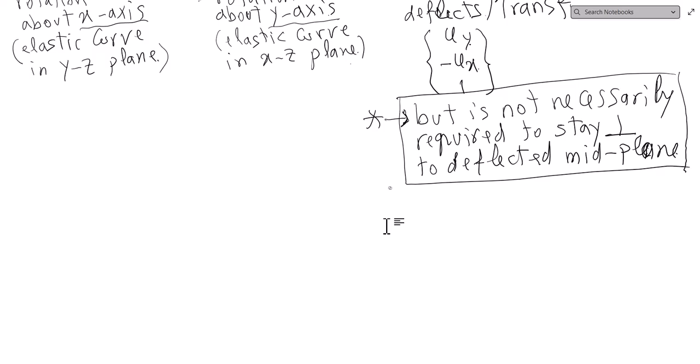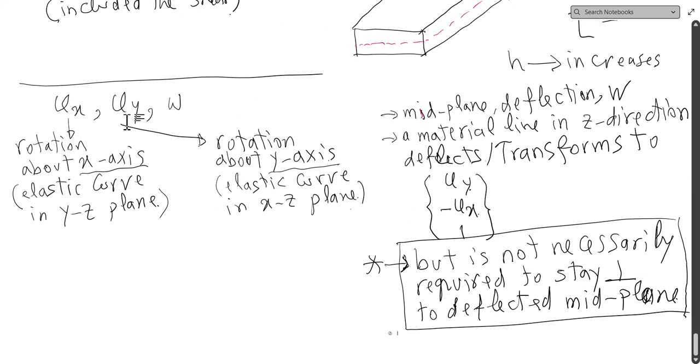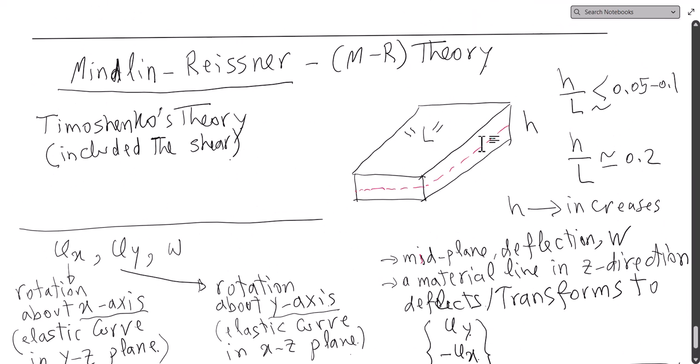So phi x and phi y can have independent values, and they are not required to be perpendicular to the slope of the deflected beam, or dw dx or dw dy, at each material point.